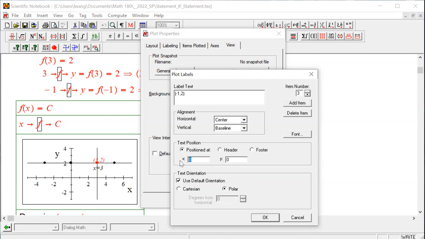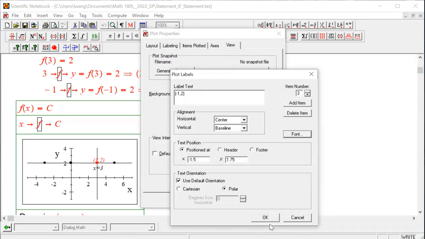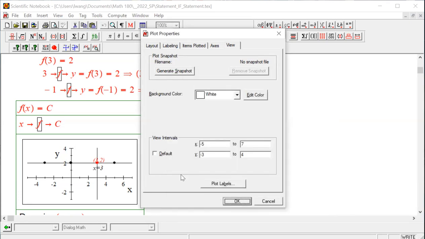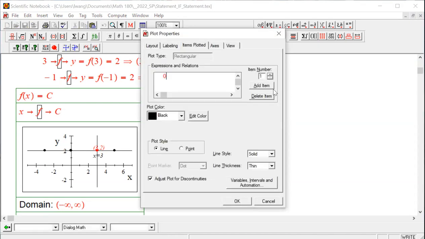At this point, mark that point, -1, 2, that dot.